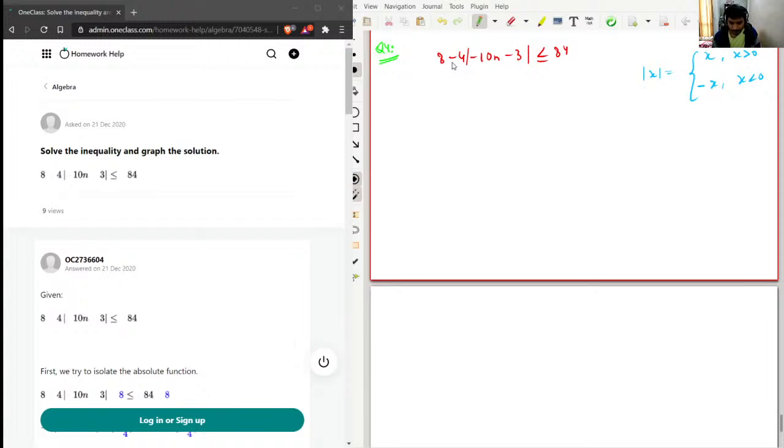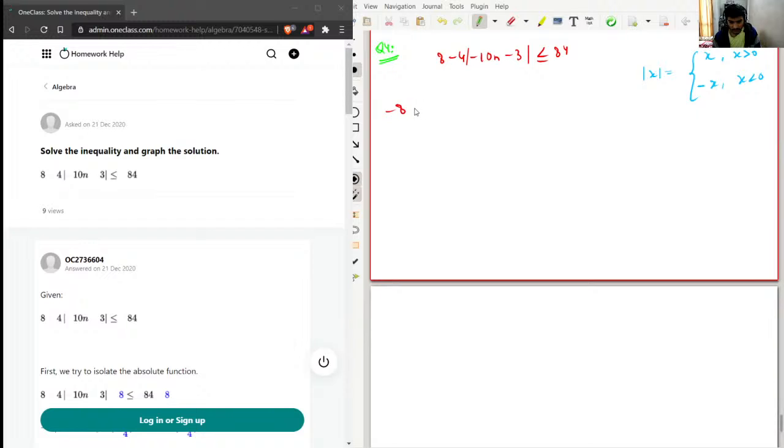For this one also, I'll subtract 8 from both the sides first. So I will just write minus 8. I was using red pen, yeah.